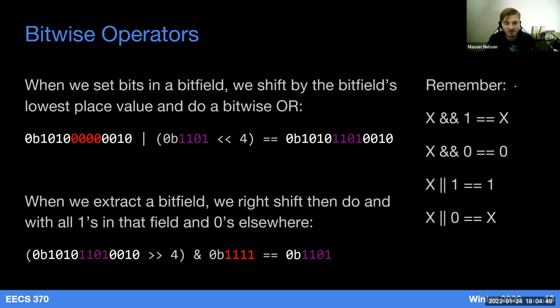This is just review from discussion 1, but if we want to take a bit field, some value, and put it into an empty bit field, we first need to align it. So we would left shift it by 4, that would add 4 zeros, so that when we line it up, it looks something like this with 4 zeros at the end. And then when we do the bitwise OR operation here, it would smush them together and we would get the final thing that we want.